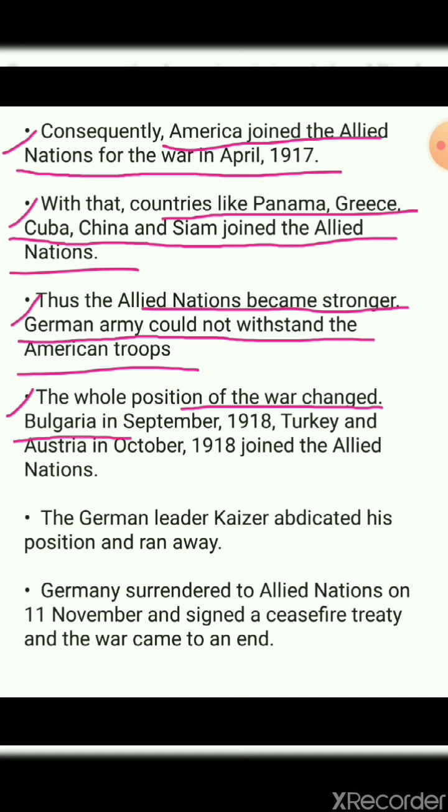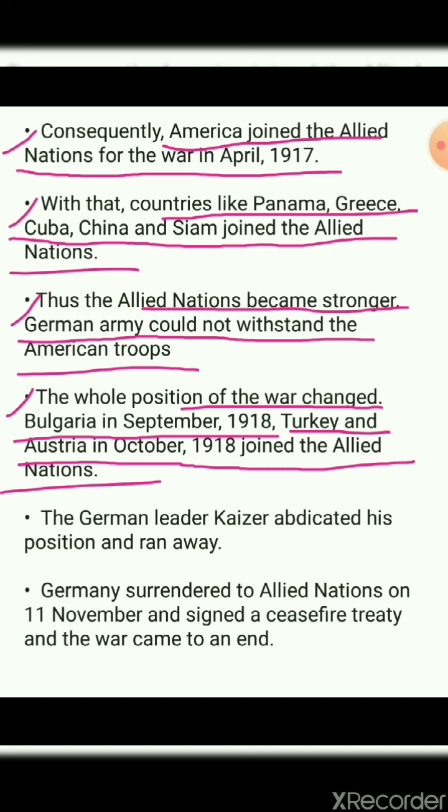Bulgaria in September 1918, and Turkey and Austria in October 1918, joined the Allied nations. Now the Allied nations were getting more countries, right? When the war started, Germany and the Axis nations were seen as very powerful, but after America joined the Allied nations, the whole scenario of the war changed.